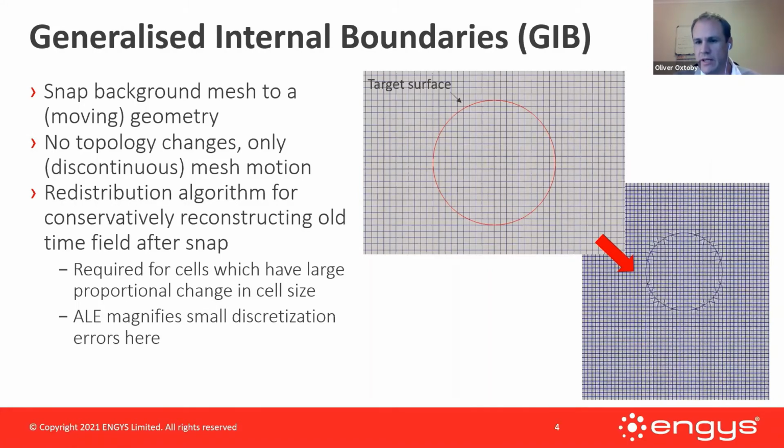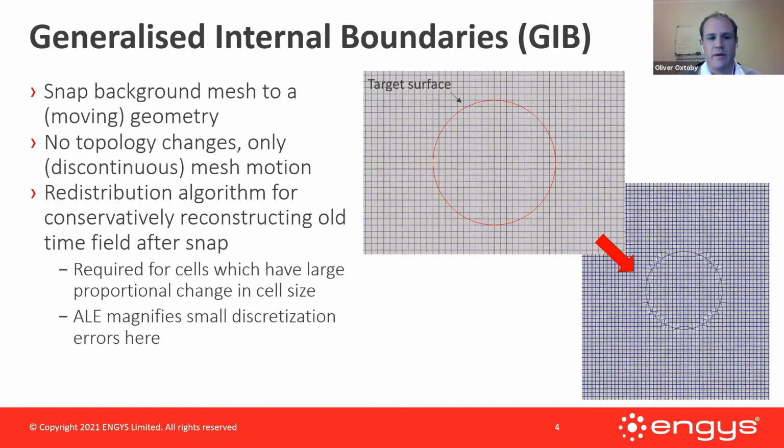And so that's where a lot of the challenge in this comes in, that where you have these cells which have a large proportional change in size at the surface, the standard mesh motion ALE formulation really amplifies small discretization errors to the level that you get a very, very noisy signal on the interface. And so for that reason, a two-stage process was developed, which basically, first of all, involves a conservative redistribution of the old time field, followed by the standard mesh motion algorithm.